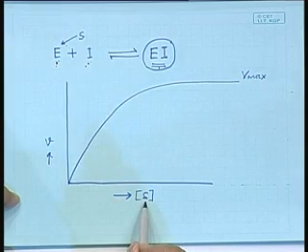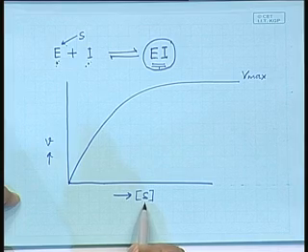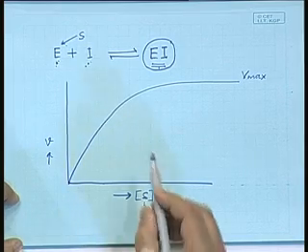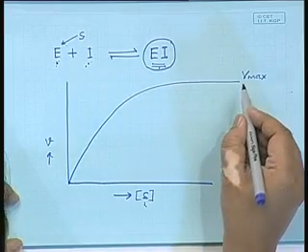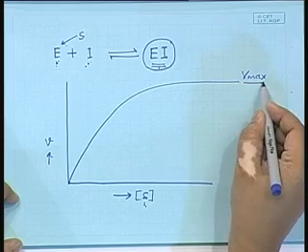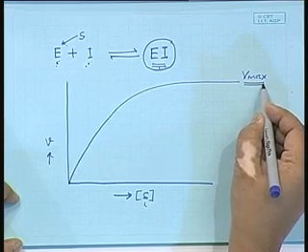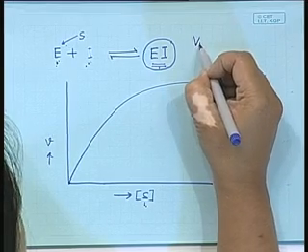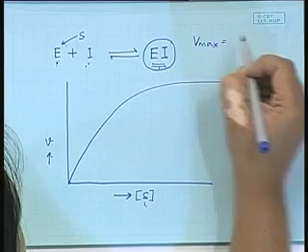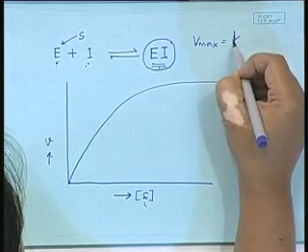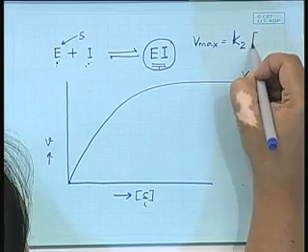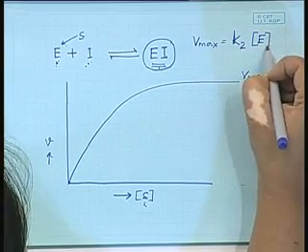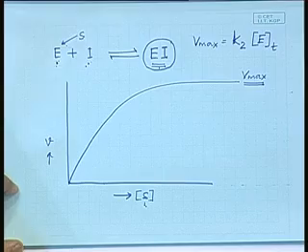So, if I add a large amount of substrate, I can have the enzyme actually reach the same value of Vmax. What do I mean by that? What is my Vmax? It is my k2 times total enzyme concentration. My total enzyme concentration is fixed.